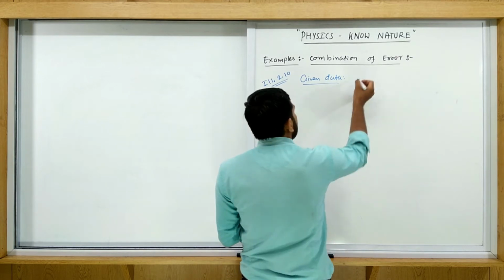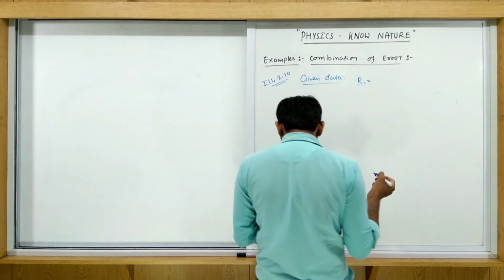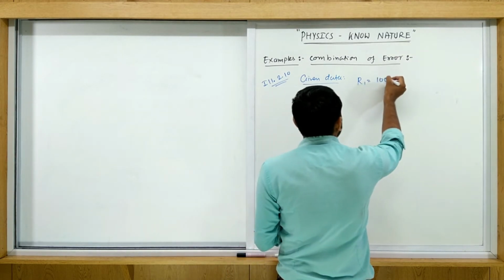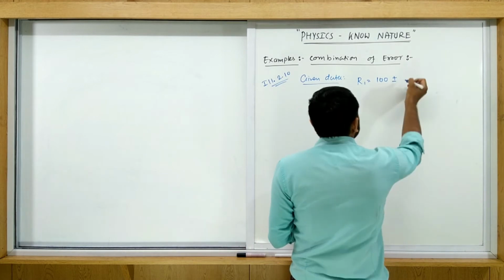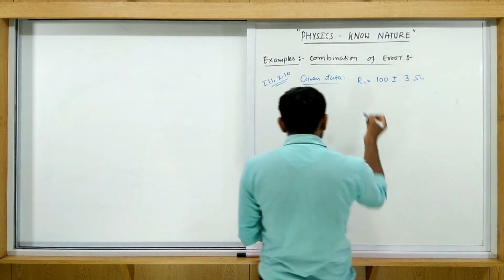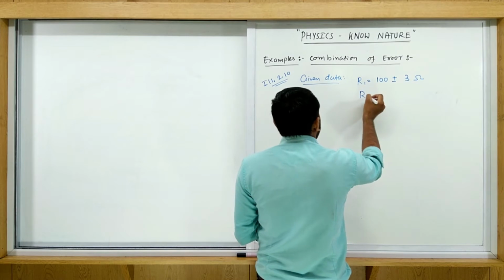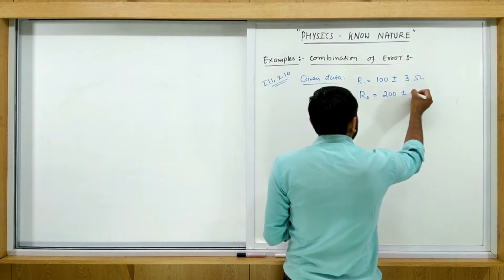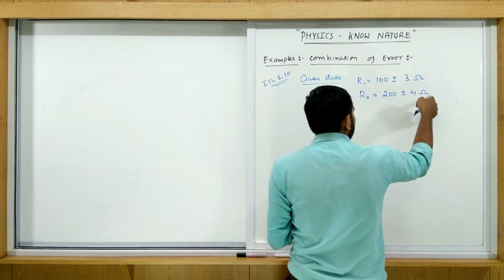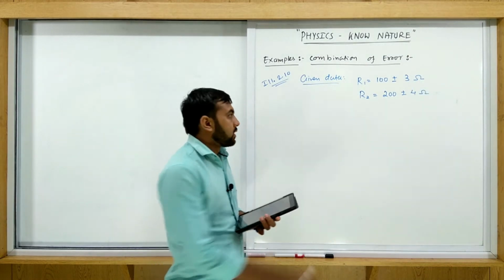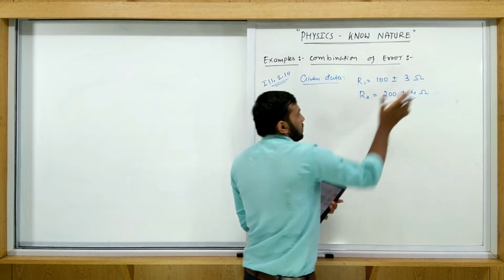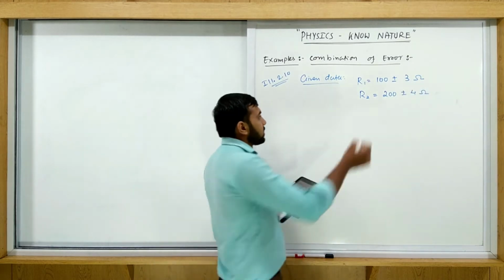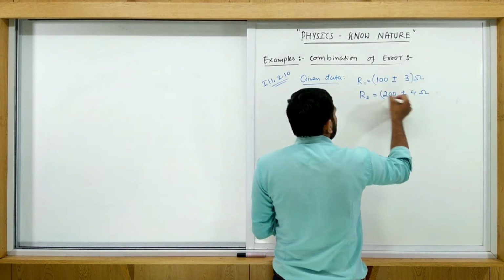R1 is equal to 100 plus or minus 3 ohm and R2 is equal to 200 plus or minus 4 ohm. This is the symbol of ohm. This is the given data to us.